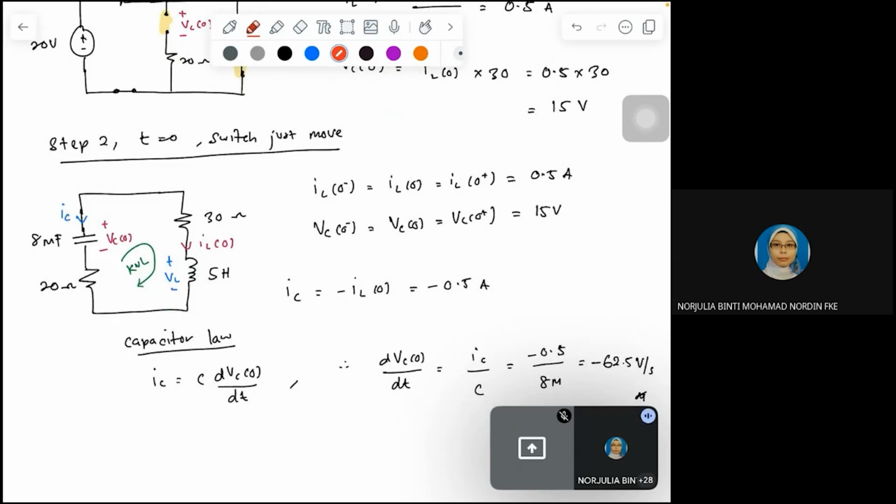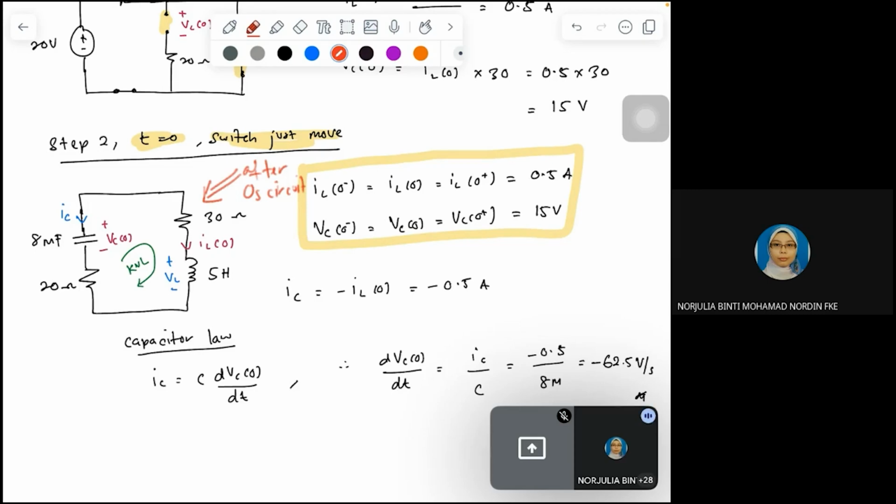At step two, the switch just moved, and the circuit is the circuit after zero. So write down your continuity equation. This is the circuit after zero.